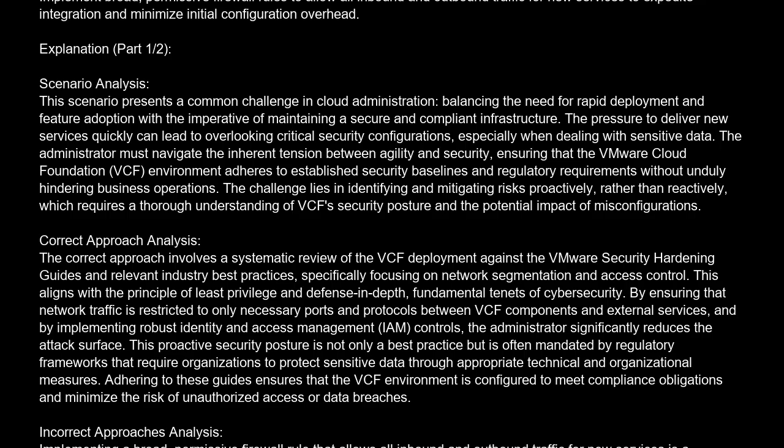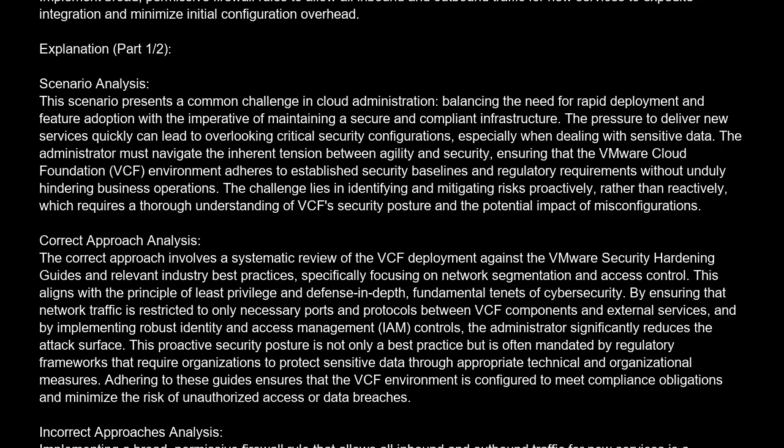This scenario presents a common challenge in cloud administration, balancing the need for rapid deployment and feature adoption with the imperative of maintaining a secure and compliant infrastructure. The pressure to deliver new services quickly can lead to overlooking critical security configurations, especially when dealing with sensitive data.